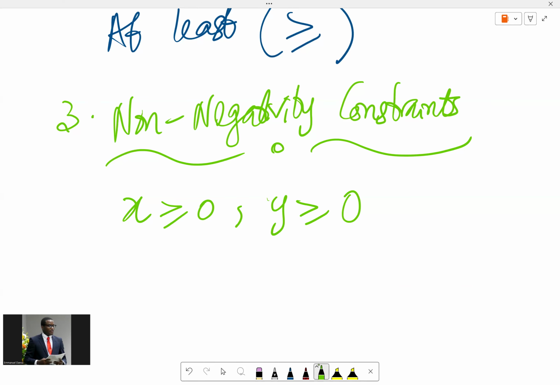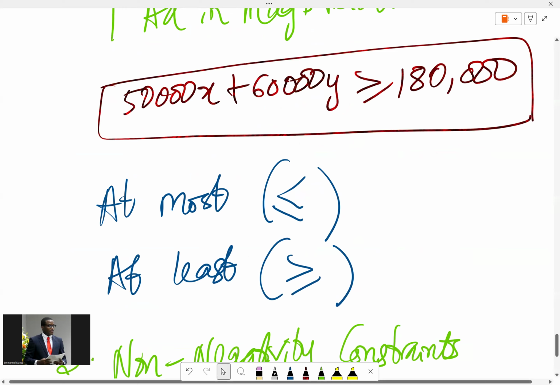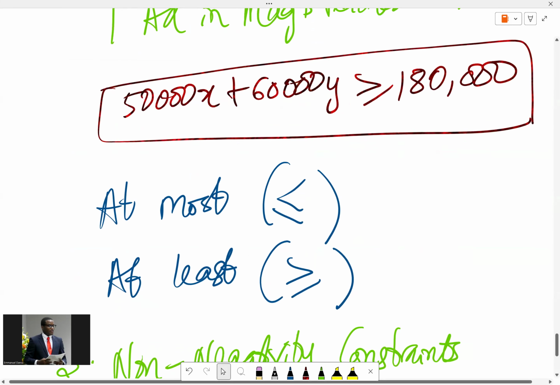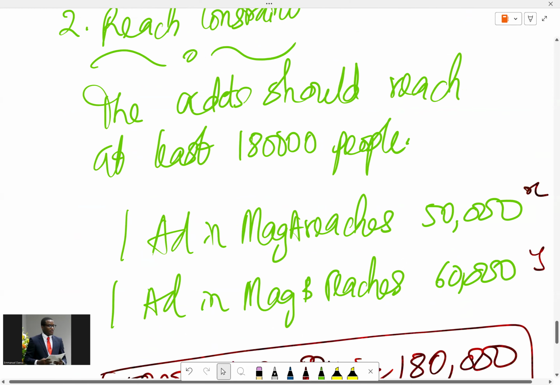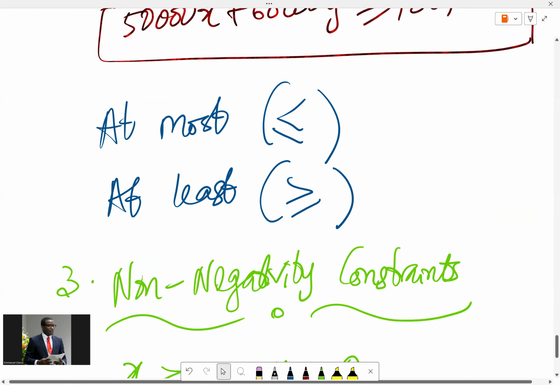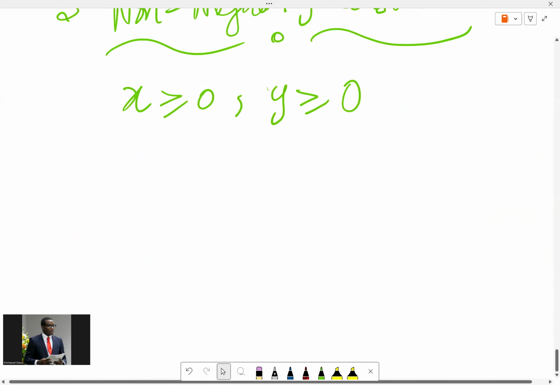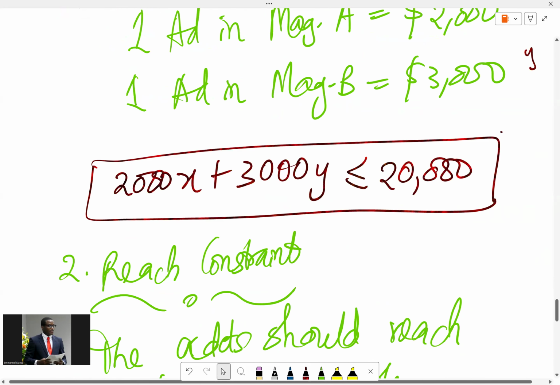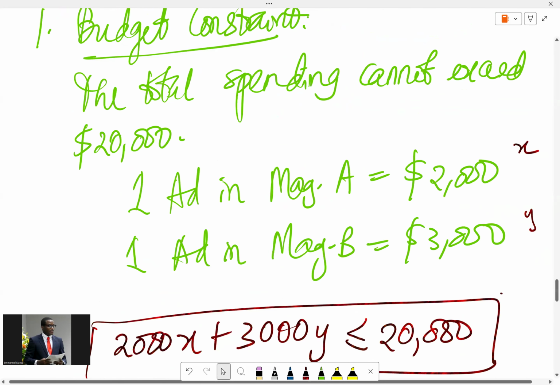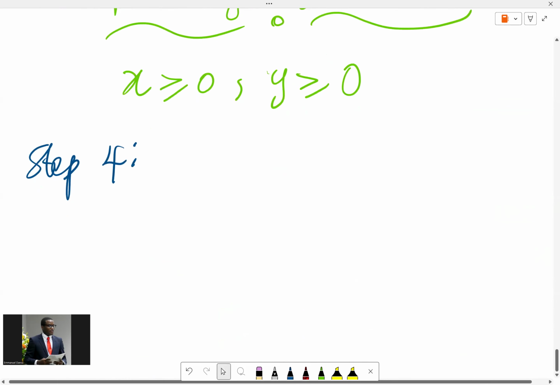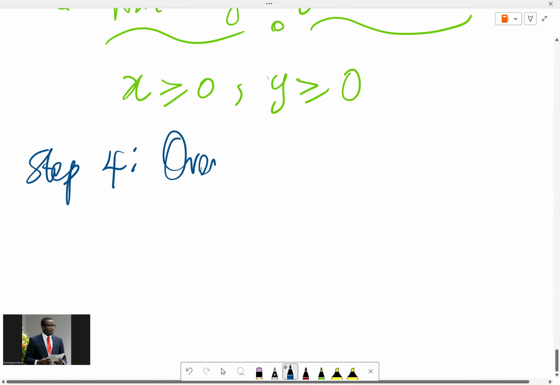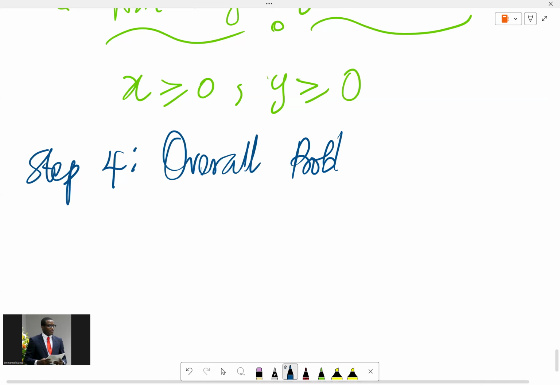With all of that, we can put everything together. Maybe I can call that step four. In step four, we have the overall problem formulation.